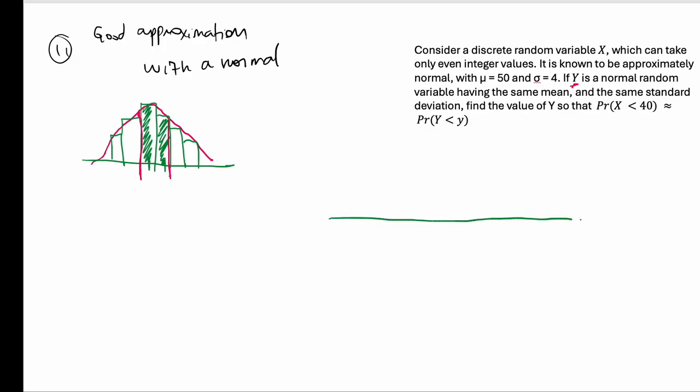My discrete variable, here is my discrete variable. It has some histogram. It's a mock histogram that resembles a normal, right? It has a mean of 50, okay? And it goes on only with even values. So it will be like 52, 54, right? Here you'll have 48, 46, 44, 42, and 40, okay?